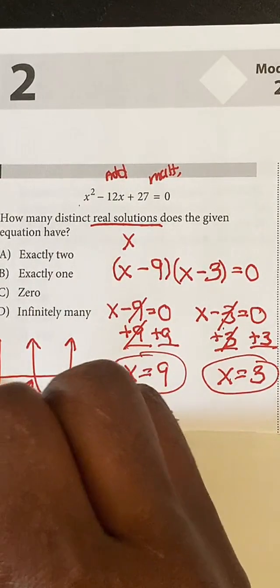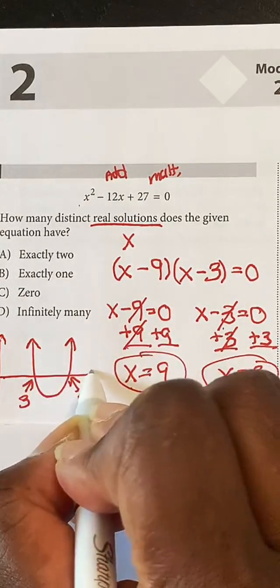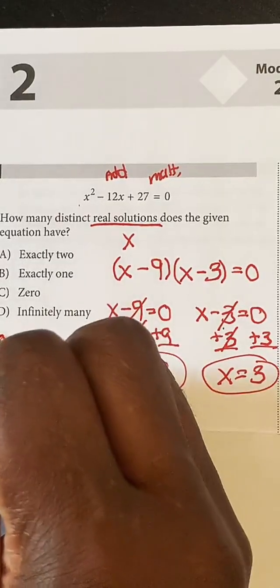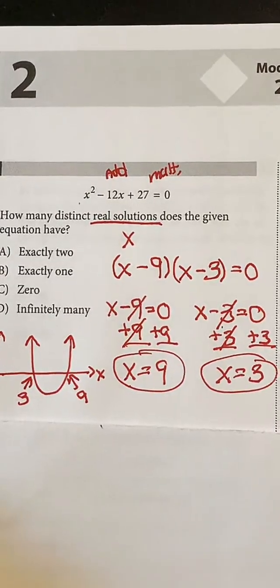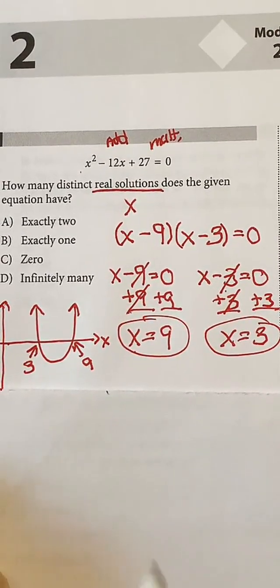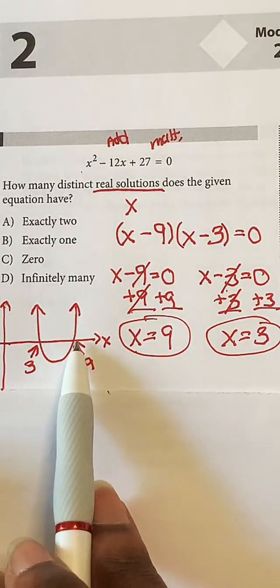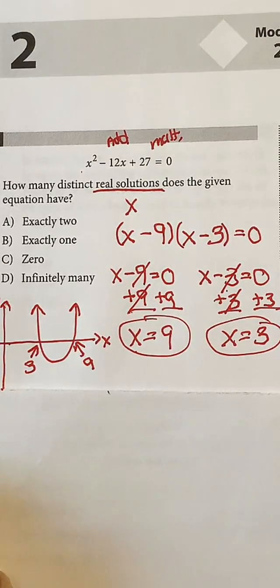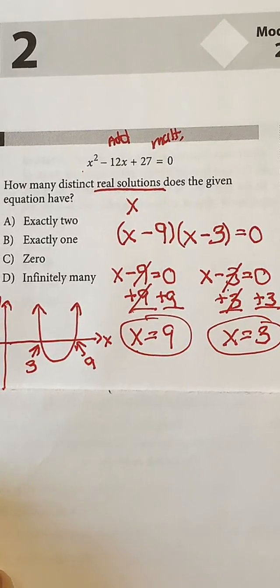So my graph will look something like this. That's my x-axis. That's my y-axis. So those are your real solutions because it's crossing the x-axis.